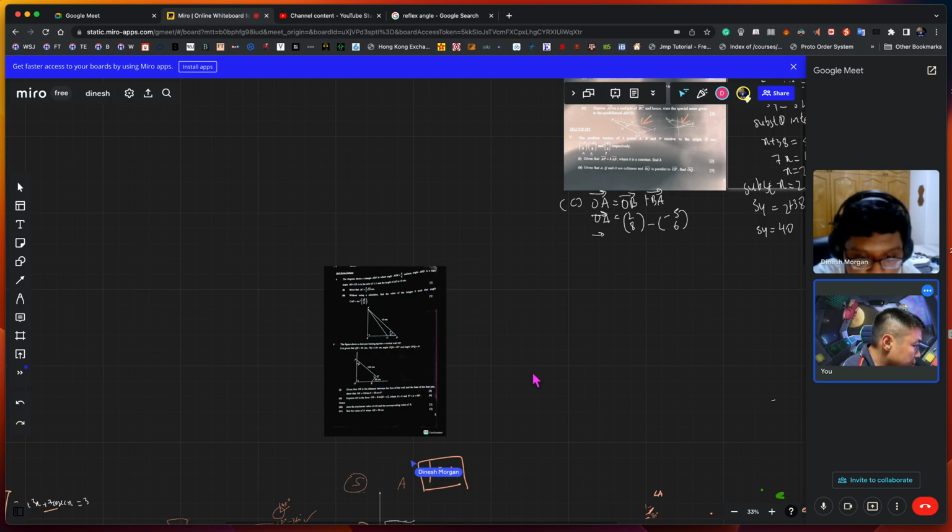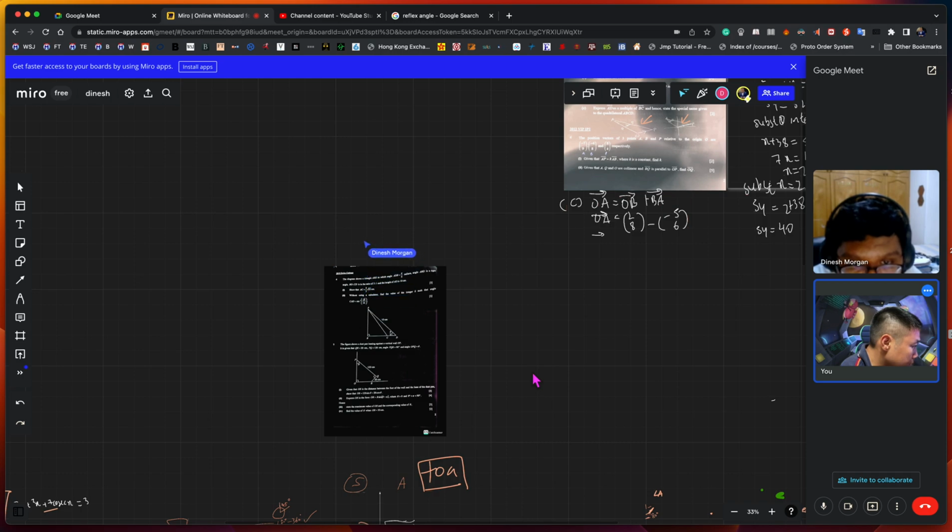I think the next, questions 4 and 5, question 4 is actually special angle. Then 5 is I think the R formula. Yes, I think we can try 5 because 4 should be quite easy.